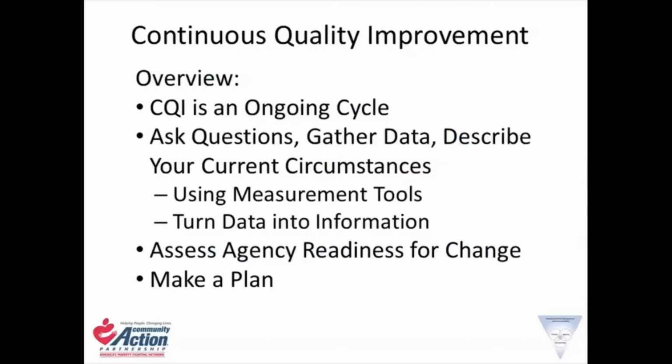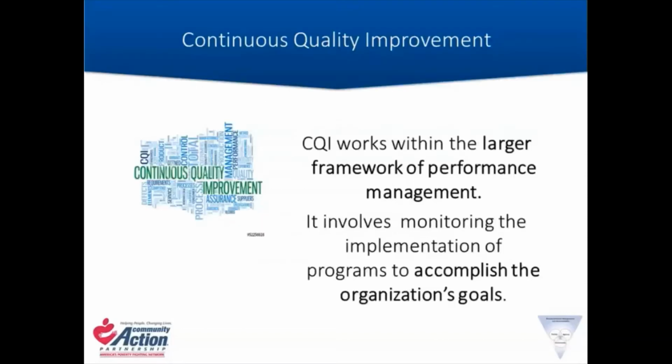And then we're going to get you to think about your agency's readiness for change, because when we talk about improvement, that assumes that we're going to make a change. And then finally, we're going to talk about making a plan and how that plan might work for you as you go forward.